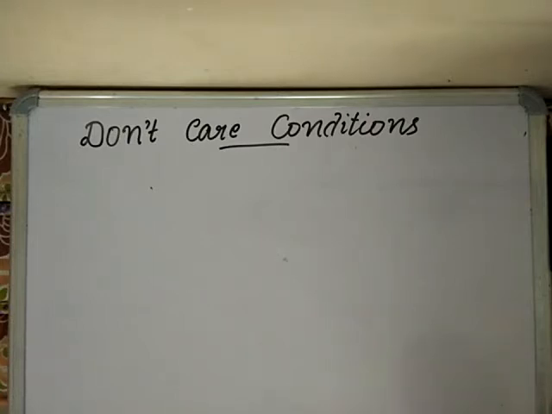A don't care min term is a combination of variables whose logical value is not specified. In order to distinguish the don't care conditions from ones and zeros, we use a special symbol x.